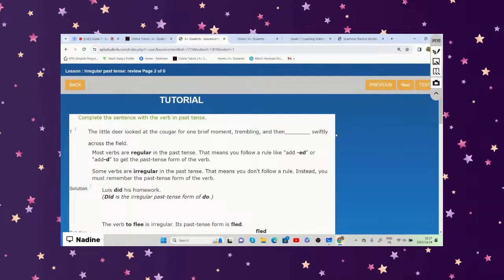So the little deer looked at the cougar for one brief moment, trembling. And then, if you want to run away, another way of saying running away is to flee.